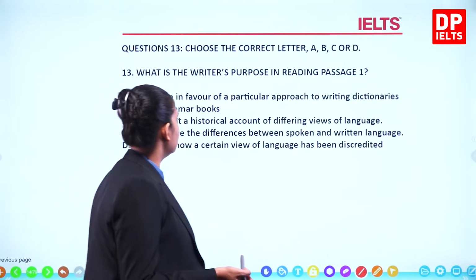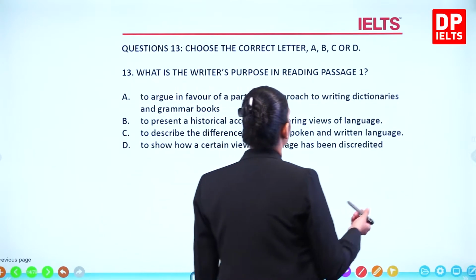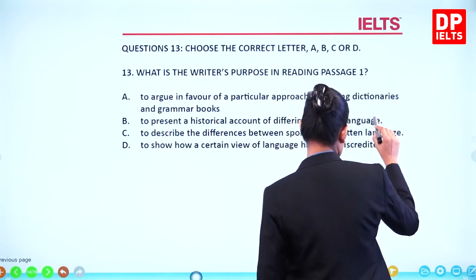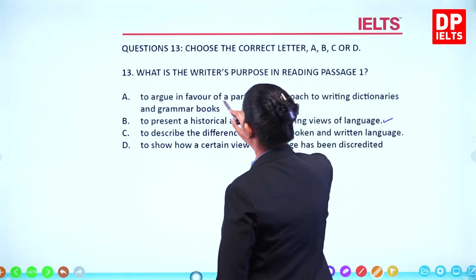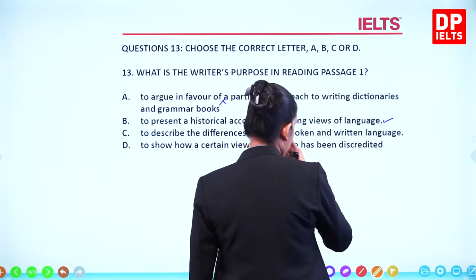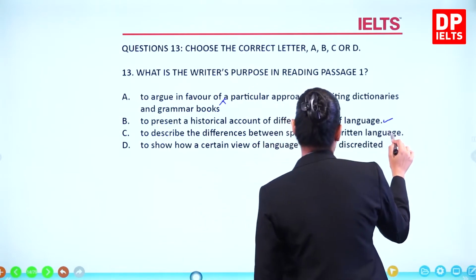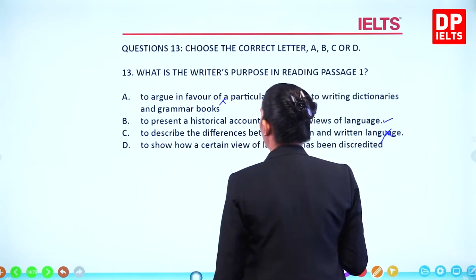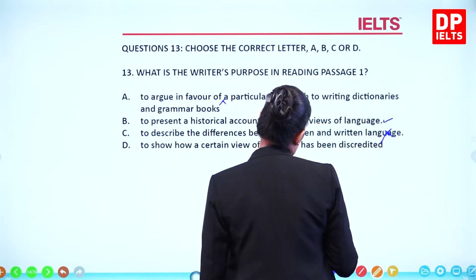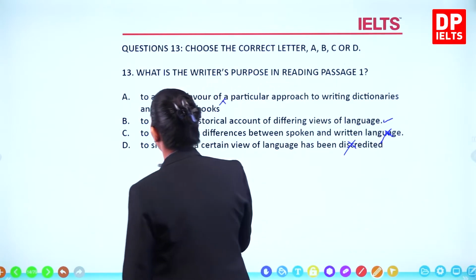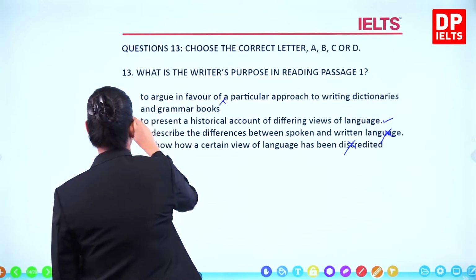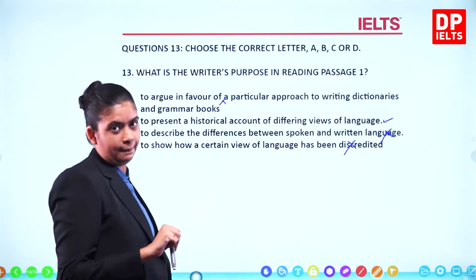To present a historical account of different views of language seems like an okay answer. To describe the differences between spoken and written, never spoke about that. To show how a certain view of language has been discredited, clearly didn't talk about that. So the most appropriate answer at this point would be B.